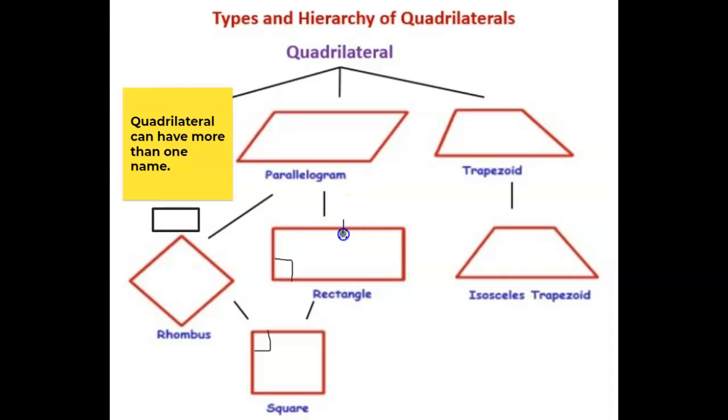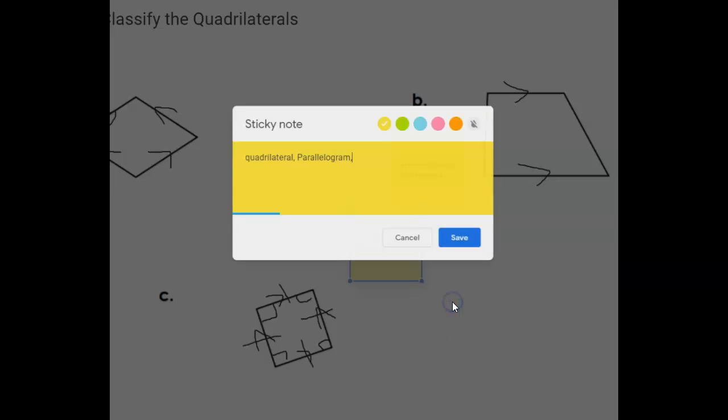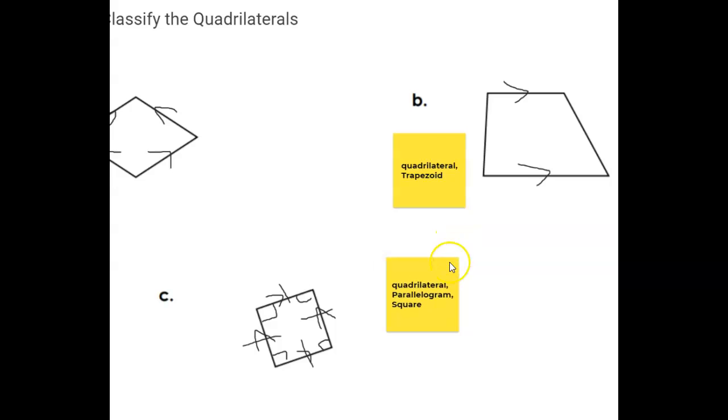Now, a rectangle, remember, has opposite sides that are congruent, right? And a square, all the sides are congruent. So if I look at this, it looks like all the sides are the same length. They all look congruent. So that means it's a quadrilateral, parallelogram, square. All right. So we're trying to classify these in as many ways as possible.